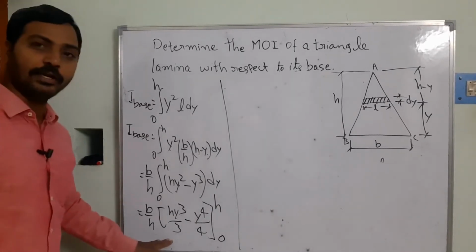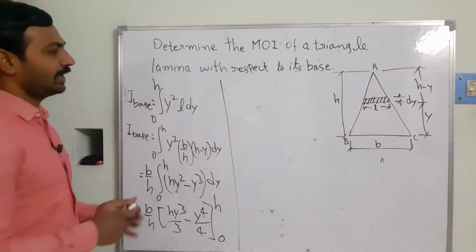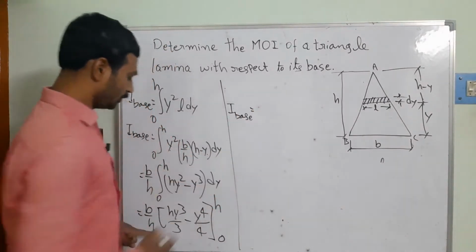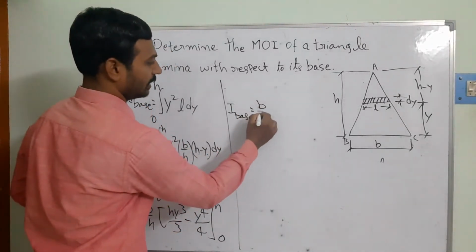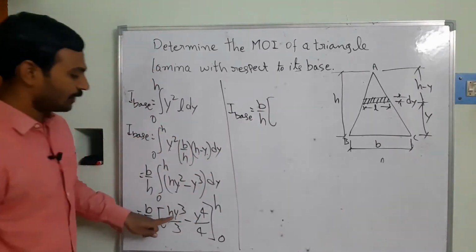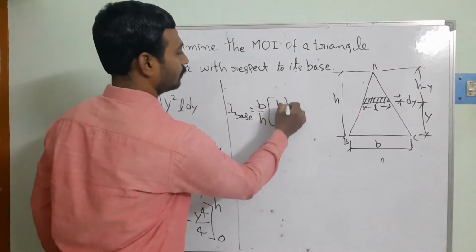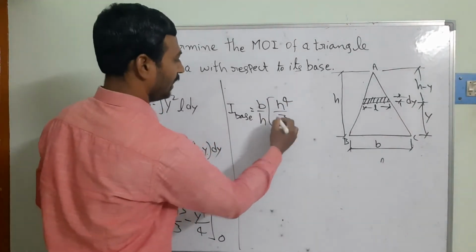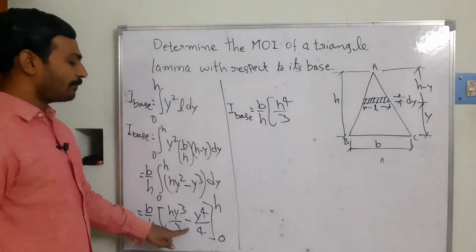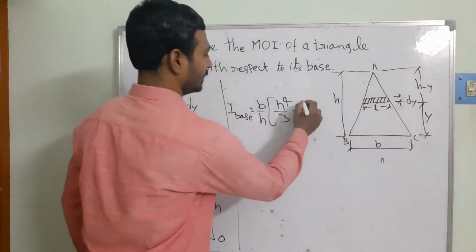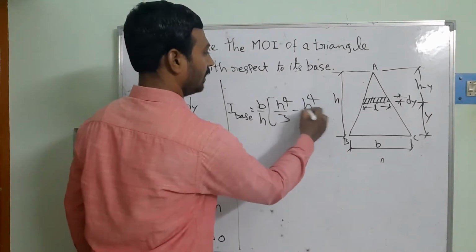In this equation I substitute the 0 and h values. I base is equal to b by h, which is common here. Then h into y cube gives h to the power of 4 by 3, and substituting y here, minus h to the power of 4 by 4.